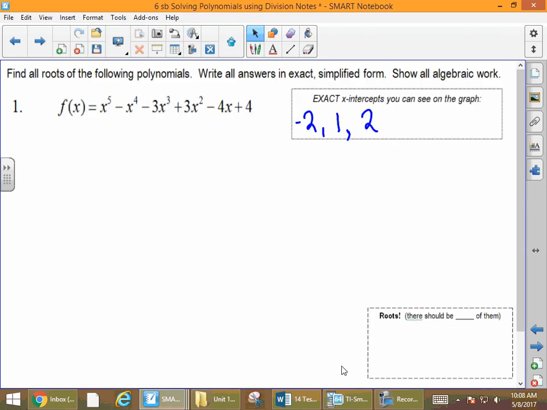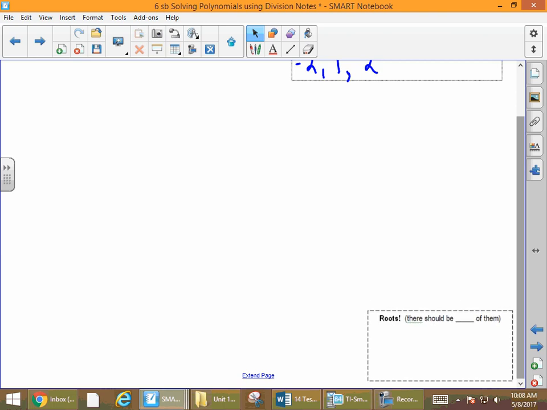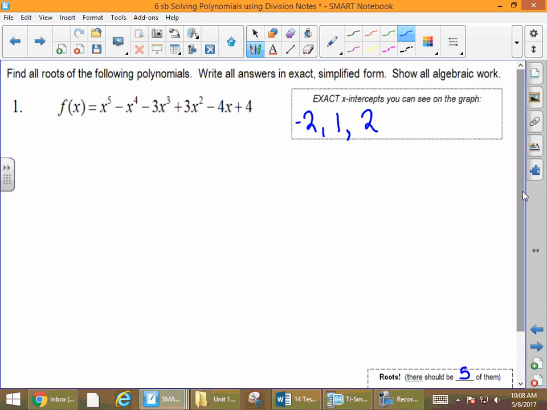But once we determine these values, then we can use these values to help us come up with all of the roots of the function. How many roots are we looking for? 5. Looking for 5. The highest degree of our polynomial is 5. That's why we look for 5.